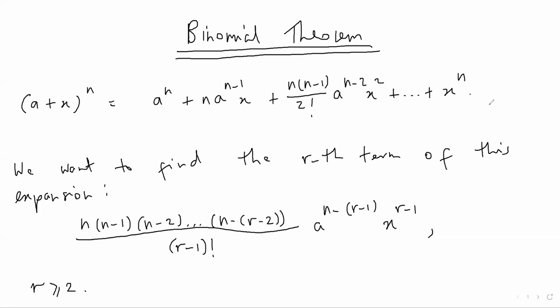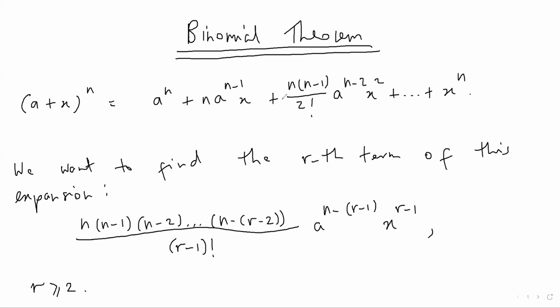If you notice how the formula is structured, you'll notice that you always have n plus 1 terms. So for whatever n you have, the expansion of a plus x to the n will have n plus 1 terms.